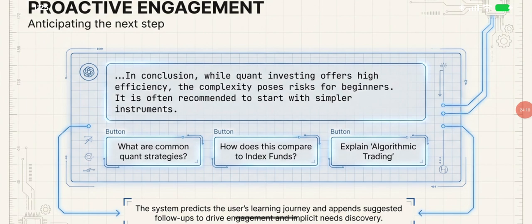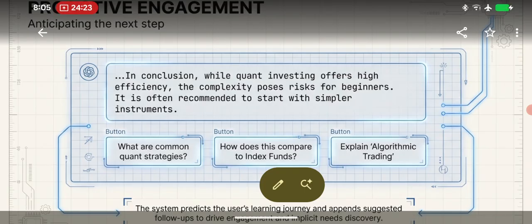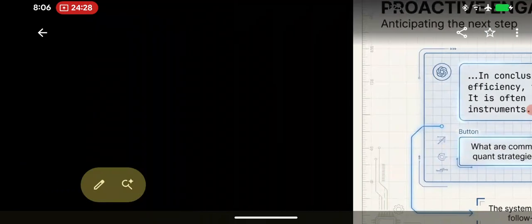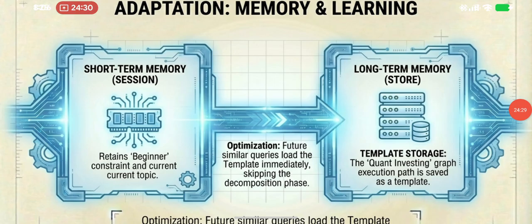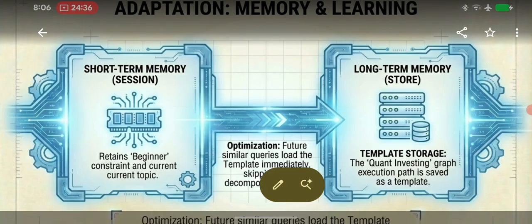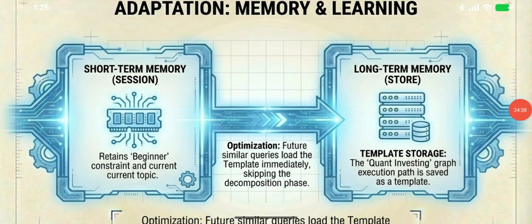Yeah, so as I mentioned at the start, proactive engagement: the agent can provide a set of follow-up questions which the user may ask. In such solutions, we need to maintain two kinds of memory: short-term memory and long-term memory. Short-term memory is the conversation happening.